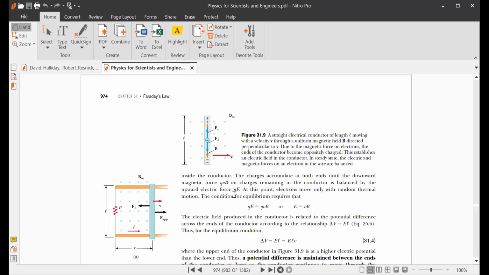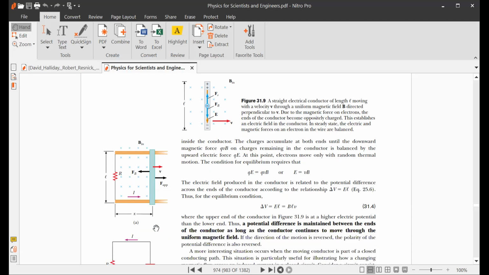Let us consider, for example, this figure. For example, this rod, from a microscopic point of view, there is an electron here.